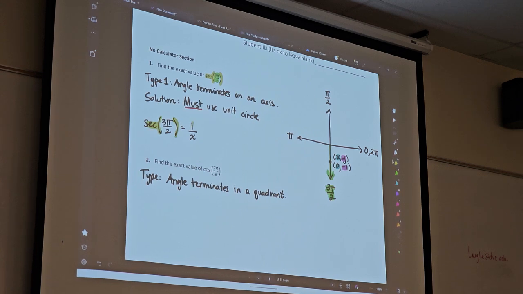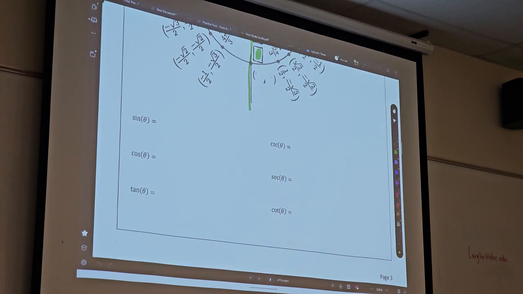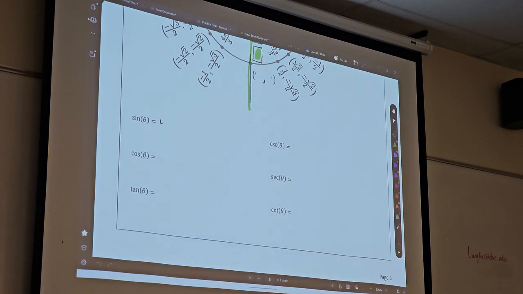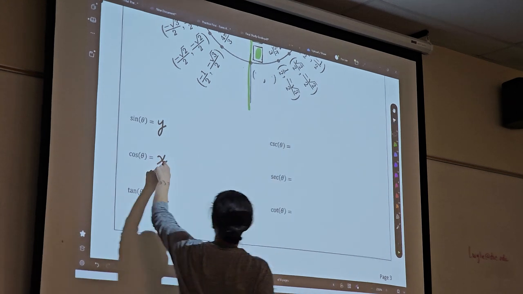Remember, you're memorizing the definitions for sine, cosine, and tangent. Sine is the y-coordinate on the unit circle, cosine is the x-coordinate, and tangent is y over x. It's rise over run. And if you know the names of the reciprocals, you get them for free. So secant is 1 over x.